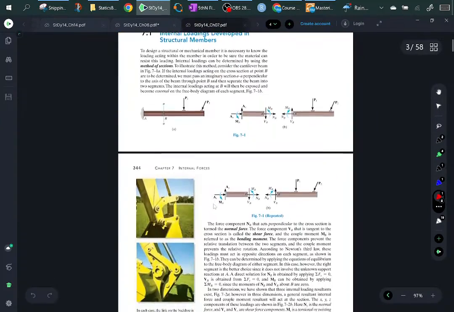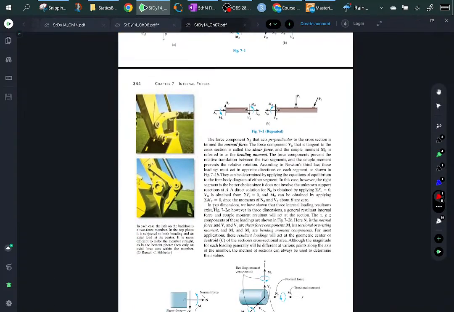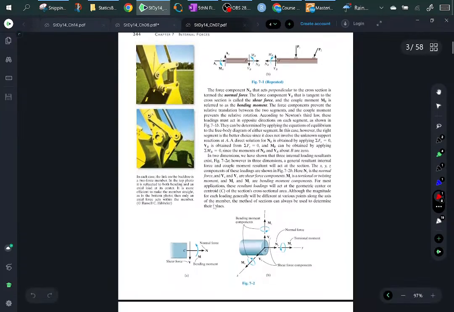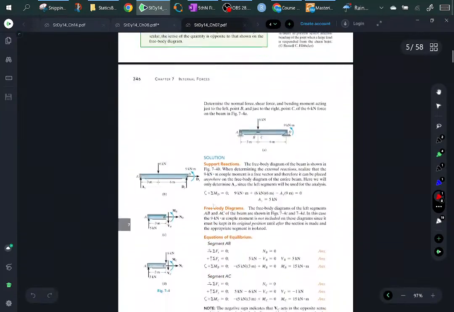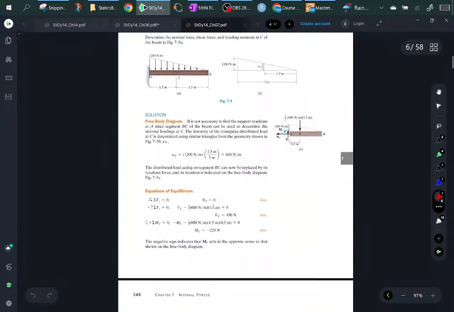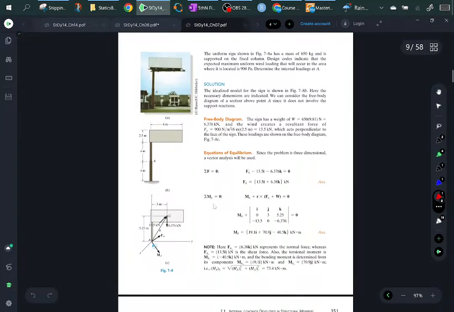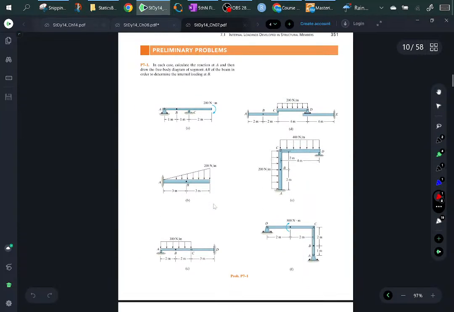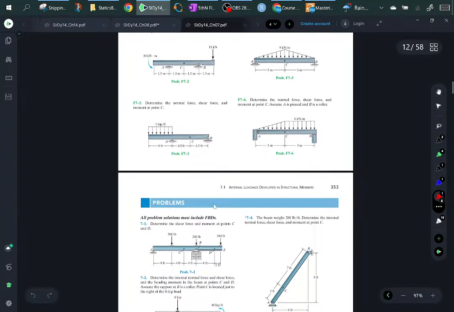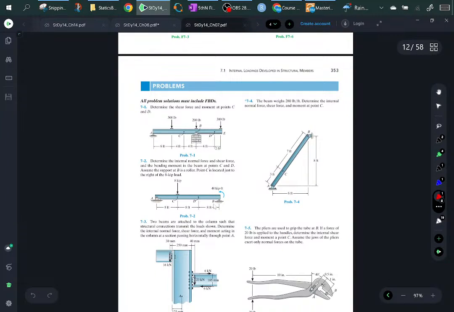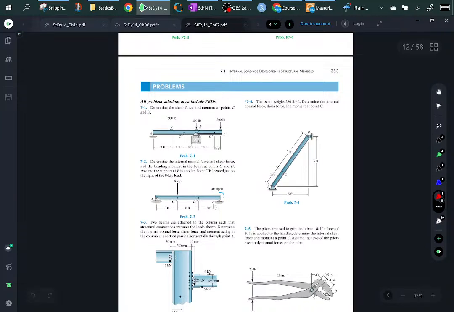Yeah. So I did a thing on Friday about the internal loads. Did y'all look at that yet? If you haven't, go look at that, because that's the stuff that's due this coming Sunday. Okay, let me pick out one that has goofiness to it.